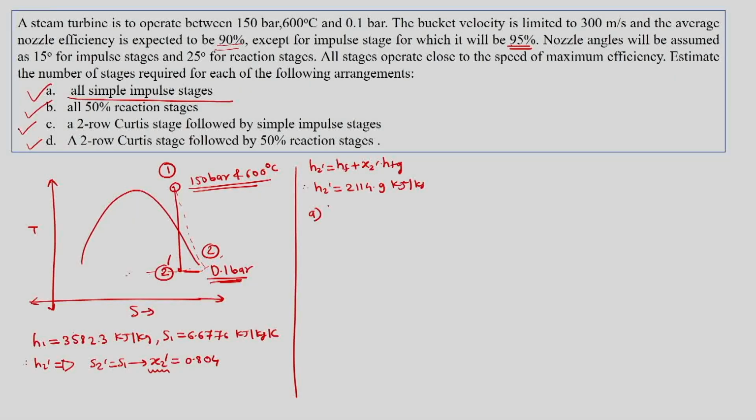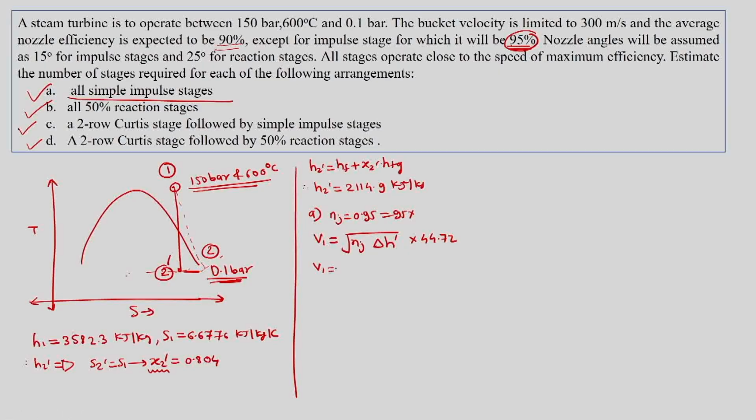Now for impulse stages, the nozzle efficiency is given as 0.95, which is 95%. We can find out V1 from here, which is square root of nozzle efficiency into delta H isentropic or delta H dash and into 44.72.